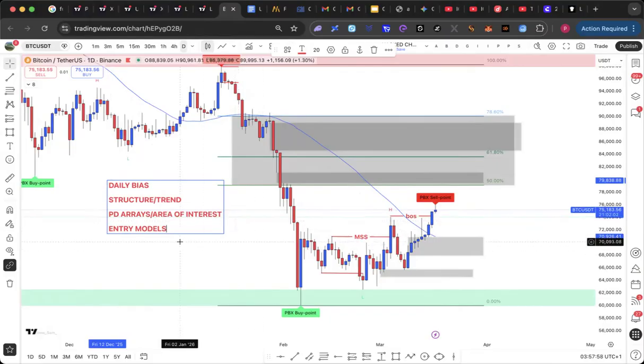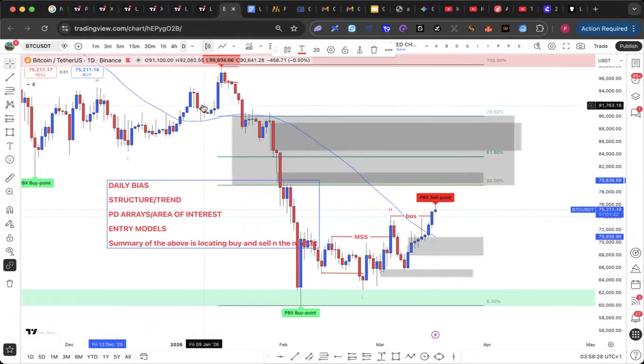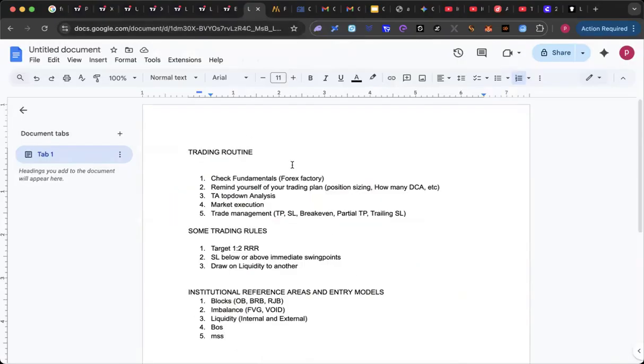Summary of the above is locating buy or sell. Have you seen that? That's all. So let's quickly take note of the following.